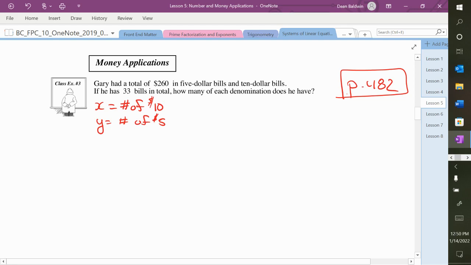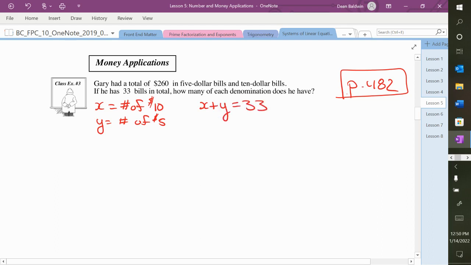Okay? So, if I have 33 bills in total, what equation can I write? If X is the number of 10s, and Y is the number of 5s, and I have 33 in total, what equation can I write? X plus Y is equal to 33. Right?